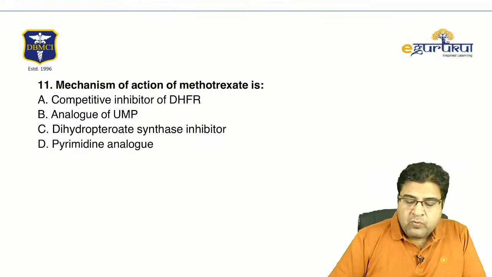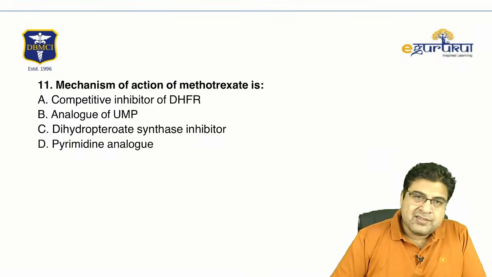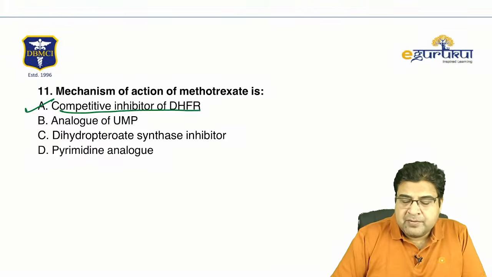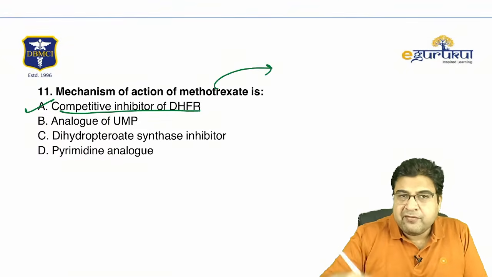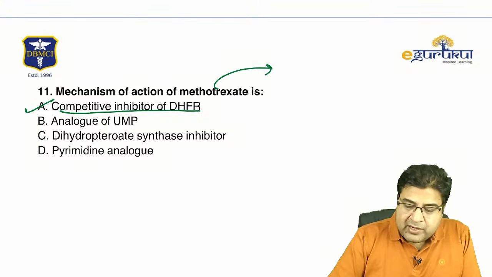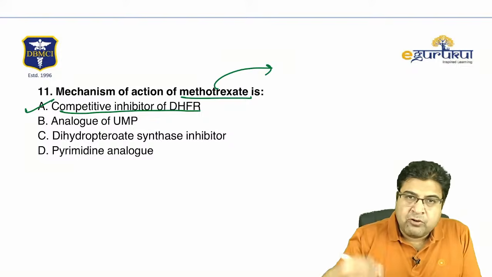Question number 11. What is the mechanism of action of methotrexate? So methotrexate is a competitive inhibitor of DHFRase enzyme. But according to students, they have asked a different mechanism in the question. They have asked, what is the mechanism of action of methotrexate in rheumatoid arthritis?